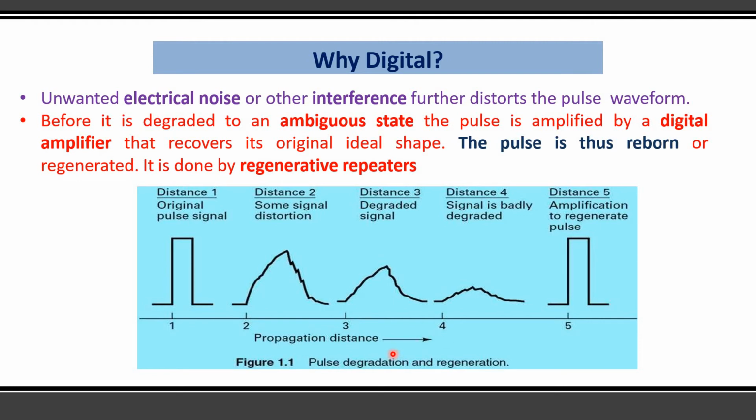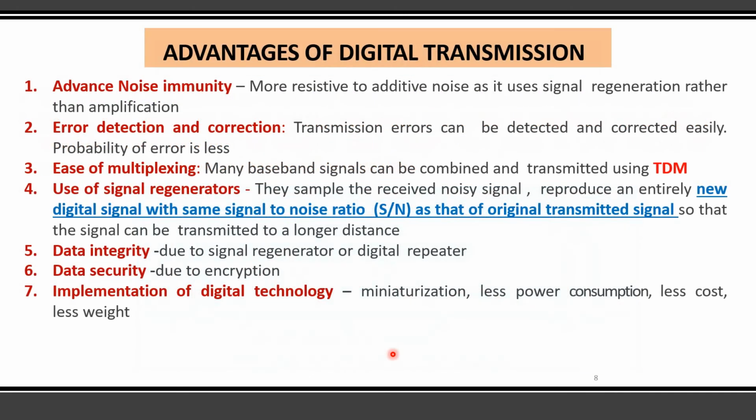This is not possible in an analog communication system, because we are unable to differentiate the changes caused by noise from the message signal. But here, all the information signals are only in binary nature. That's why we are able to amplify and regenerate your original message signal or binary. That is possible in a digital communication system.